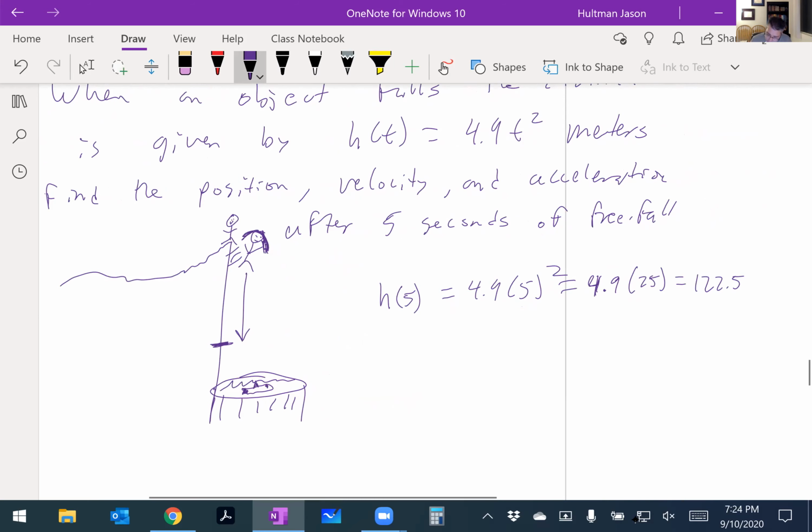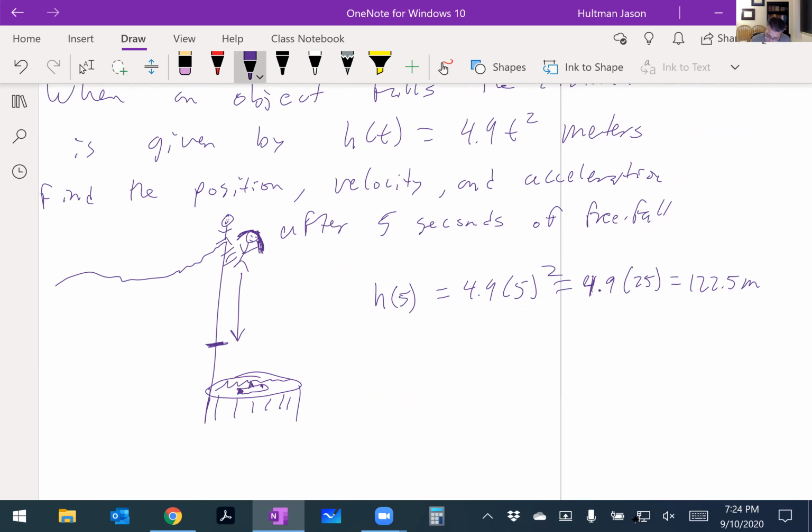Just to get that in perspective for you people that live in America, there's 3.3 feet in a meter. So you would want to multiply by 3.3. So it's about 404 feet.